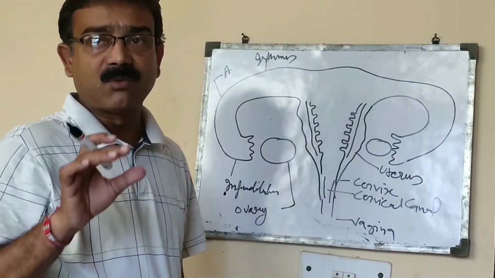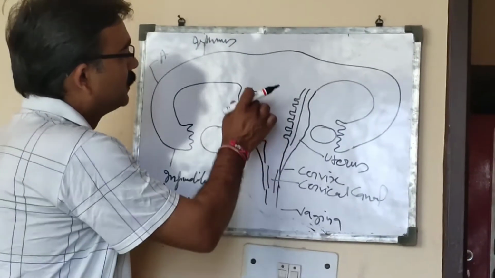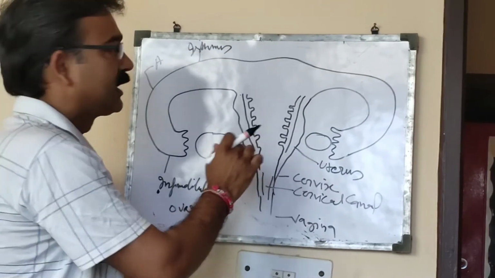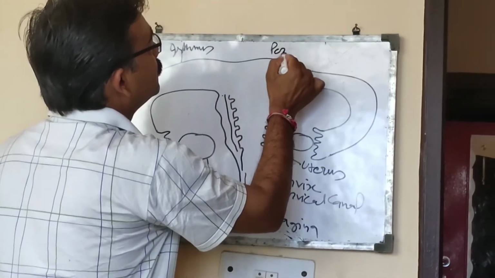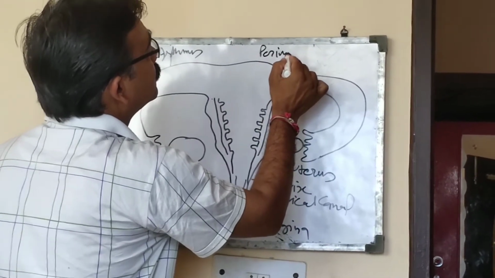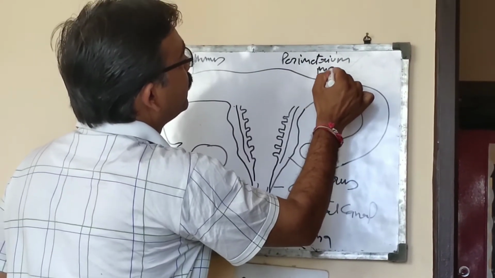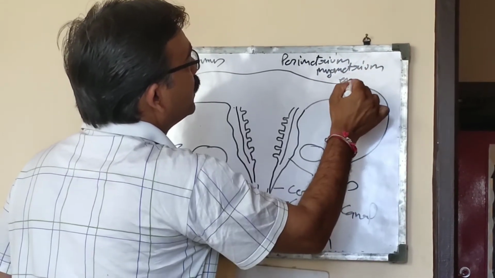This uterus or womb has three layers, and the arrangement is like this: perimetrium, myometrium and endometrium.